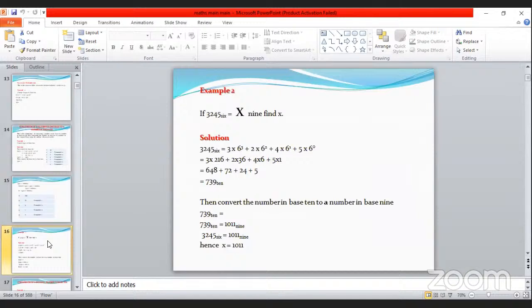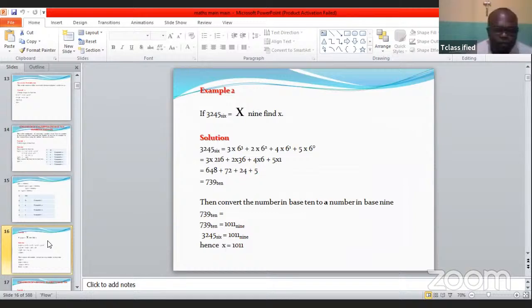Okay, so let's look at this problem. This is a peculiar problem to base numbers, and most likely that's the kind of problem that you see in JAMB. So you have: if 324 base 9 equals x, find x. How do you think we should approach this?